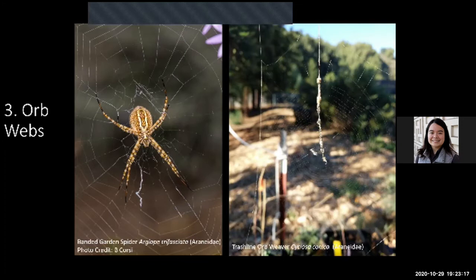We have some orb weavers that get really big in September, the females. The banded garden spider is pretty populous around here. So is the trashline orb weaver, which is really hard to see because it has camouflaged itself. On the right-hand side, in the middle of its web, you can see there is a line of trash.